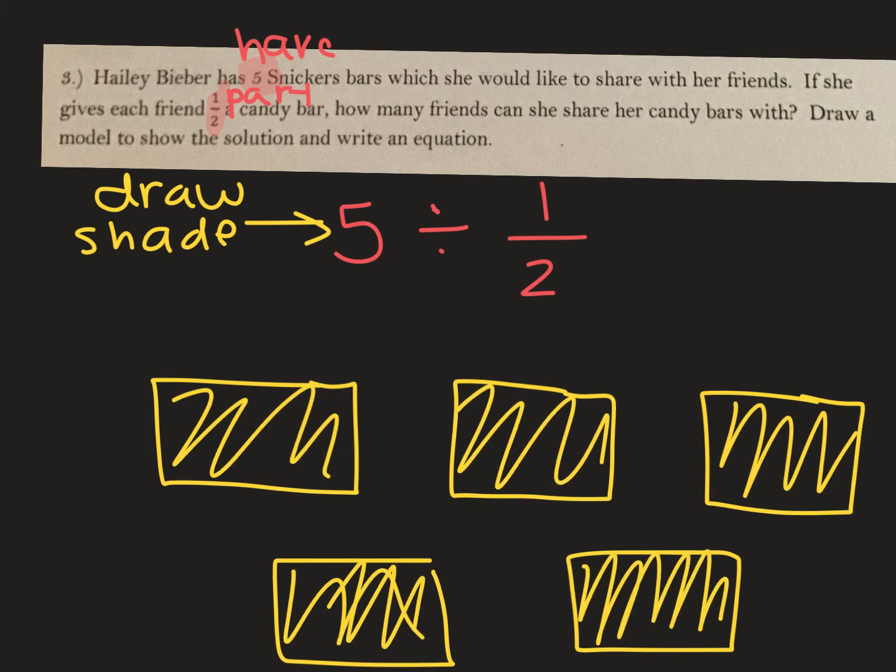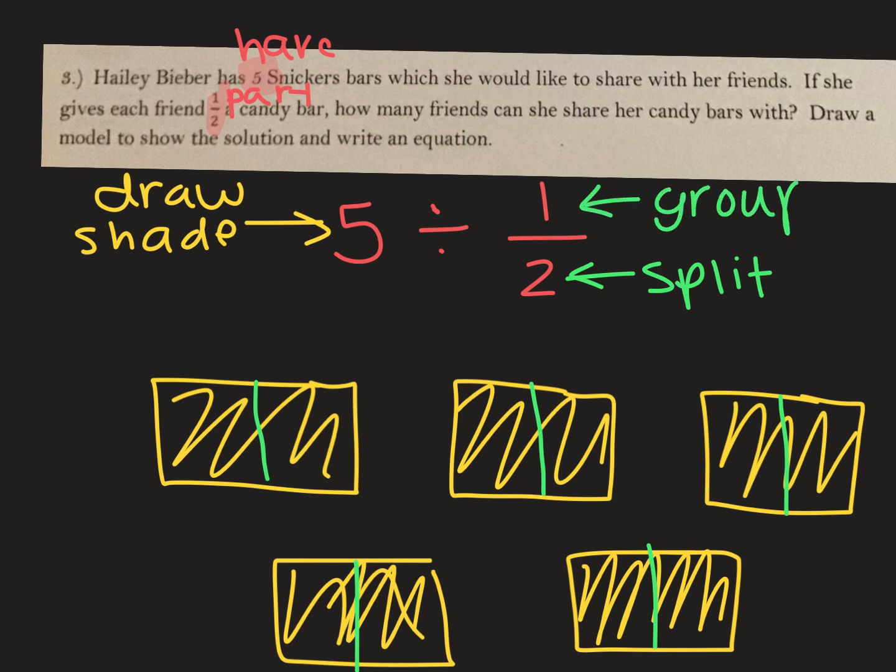All right, our denominator still tells us what we're splitting these boxes into. So each one we have to split into 2 parts. So right in half. And our numerator tells us we're looking for groups of 1. So we go to our model.